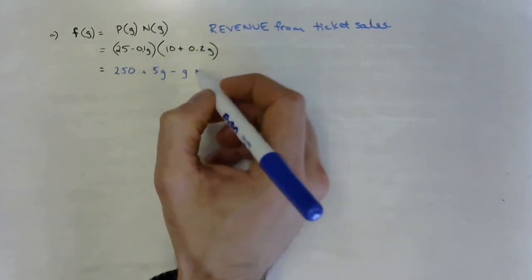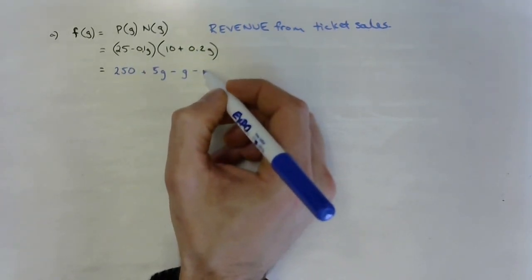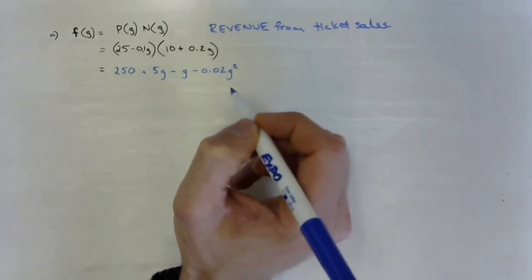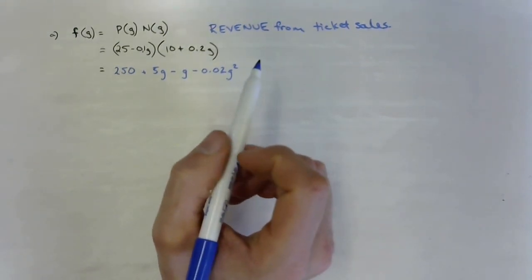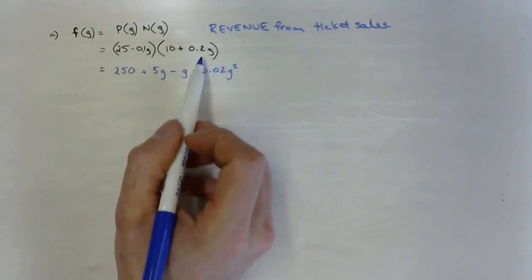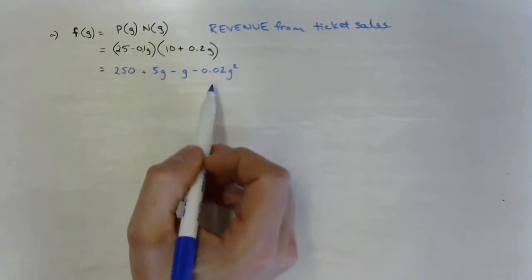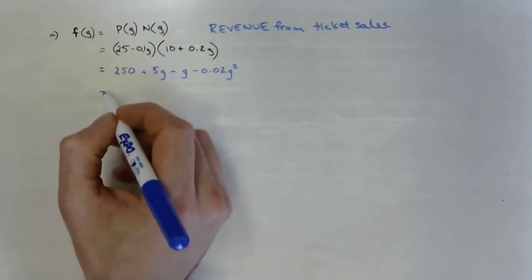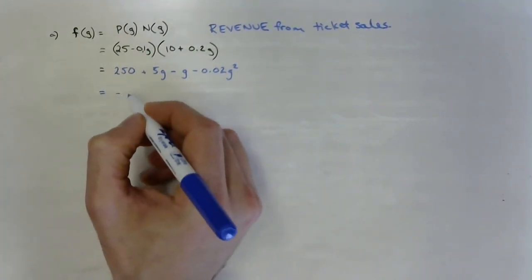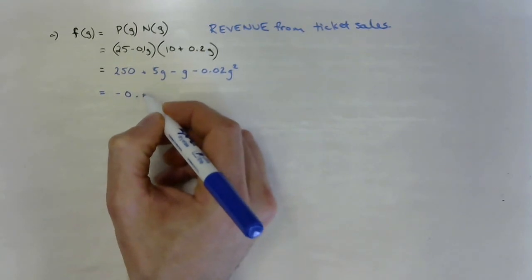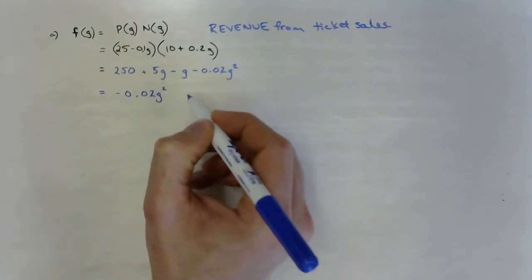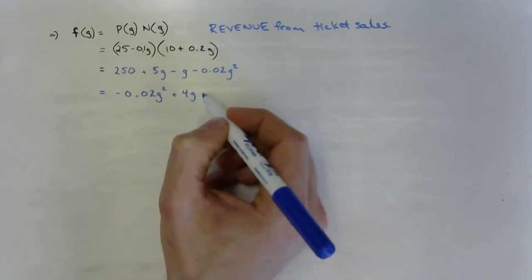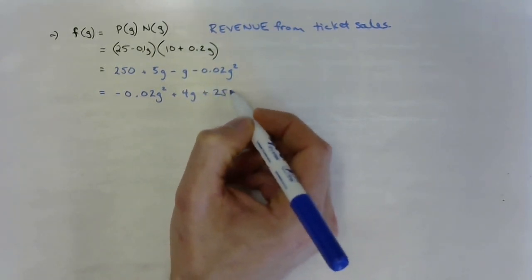And last times last, which is going to be negative 0.02G squared. 2 times 1 is 2, 2 decimal places, and 2 factors of G. I'm going to rearrange this so it's in descending powers. We've got negative 0.02G squared plus 4G plus 250.